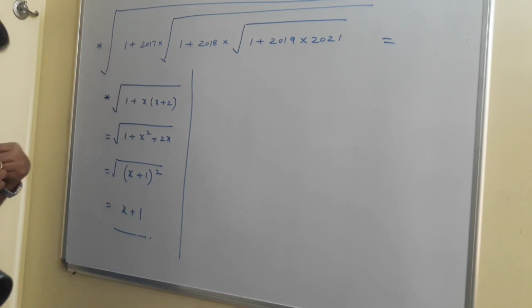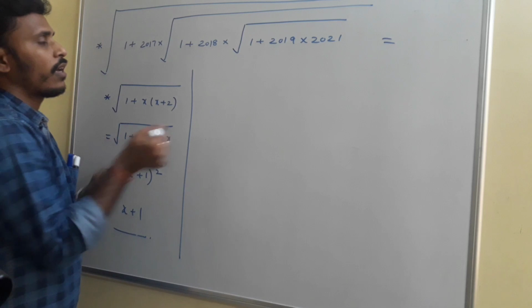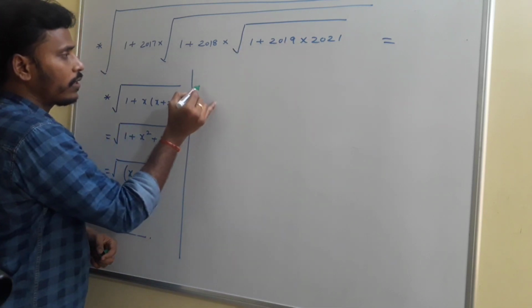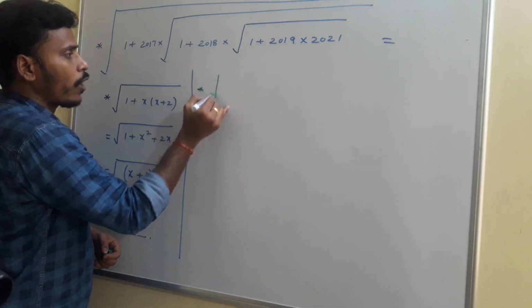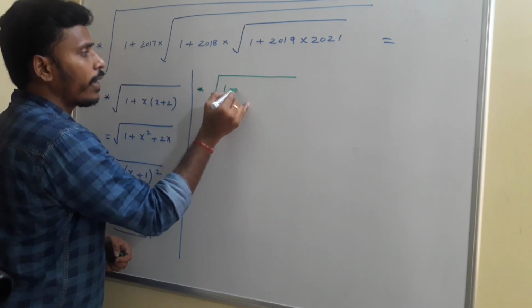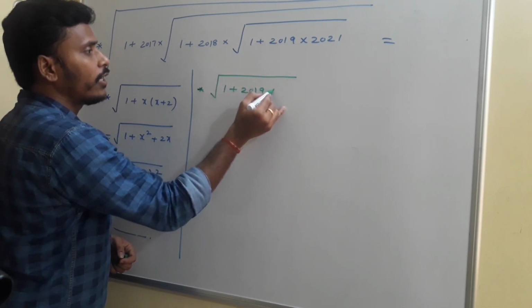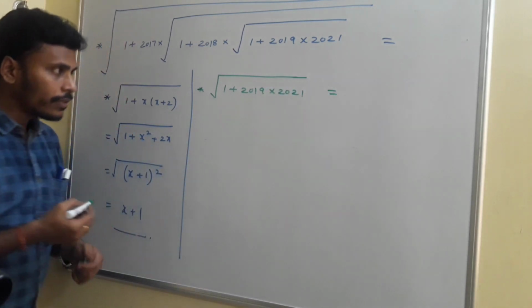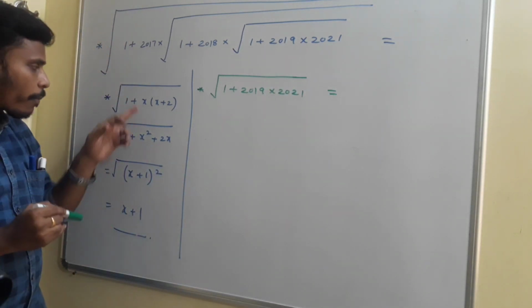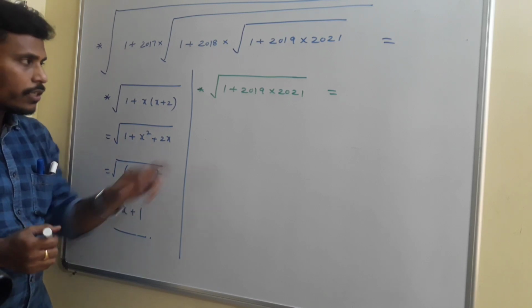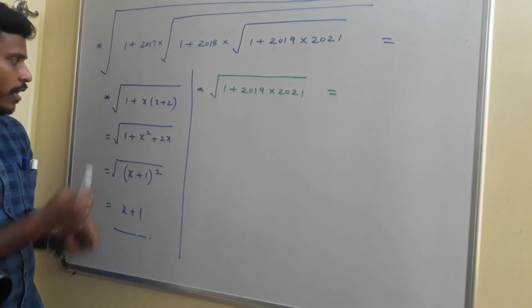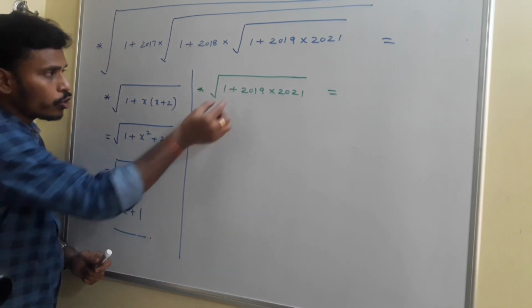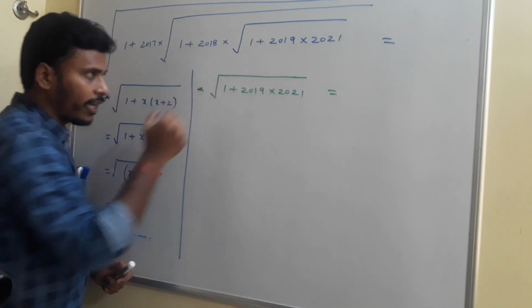Now look at the problem. First look at this square root: square root of 1 plus 2019 into 2021. What is your answer? Just have a look. It is of the format x and x plus 2, right? 1 plus x into x plus 2, with 2019 into 2019 plus 2.